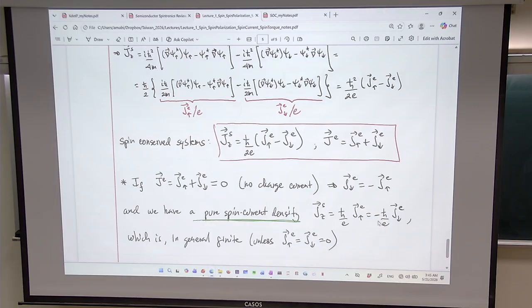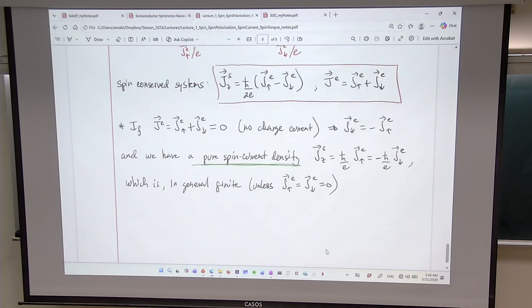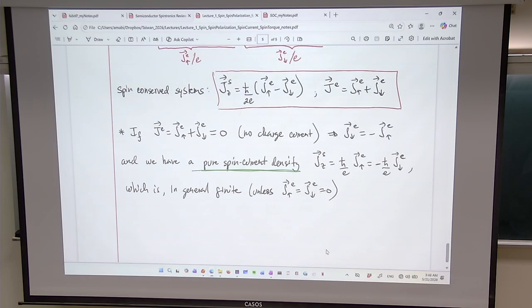So in that case, we will have a pure spin current. We won't have a combination of spin current and charge current, but only spin current. And this will happen if the charge currents of both spin up and spin down are different from zero. Otherwise, all the currents are zero. All right. So, any question?